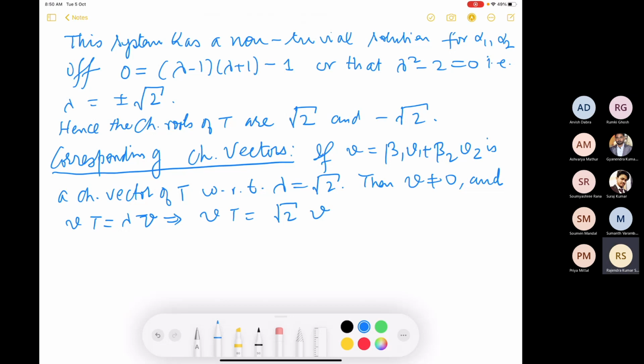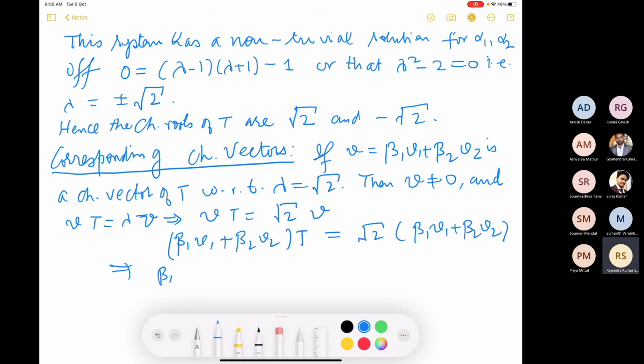So for vT you can write beta 1 v1 plus beta 2 v2 under T is equal to root 2 beta 1 v1 plus root 2 beta 2 v2.